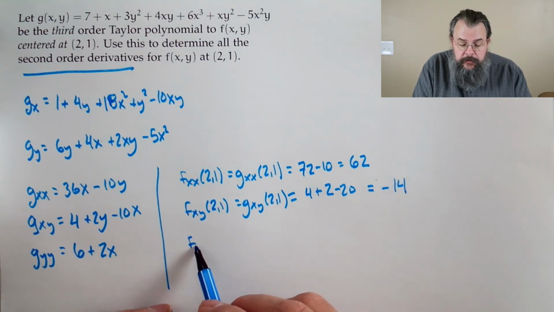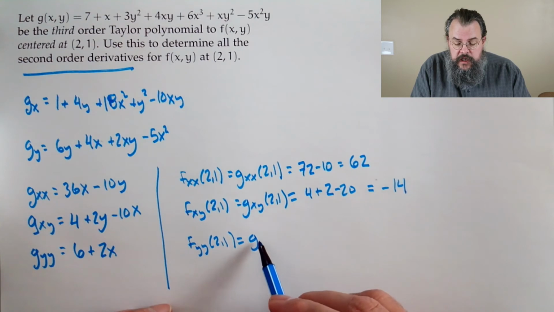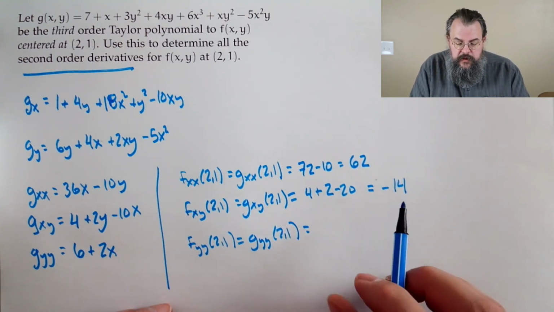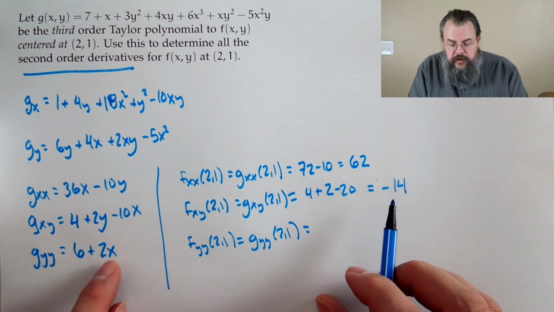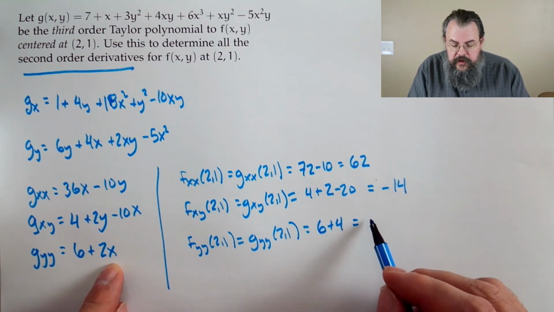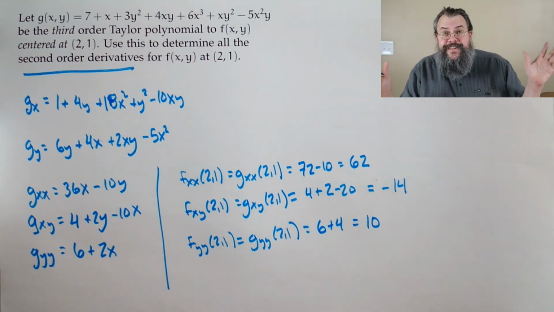And fyy at (2, 1), well, that's going to be equal to gyy at (2, 1). Okay, so that's equal to 6 plus 2 times 2. So that's 6 plus 4 equals 10. And we're done. That's it.